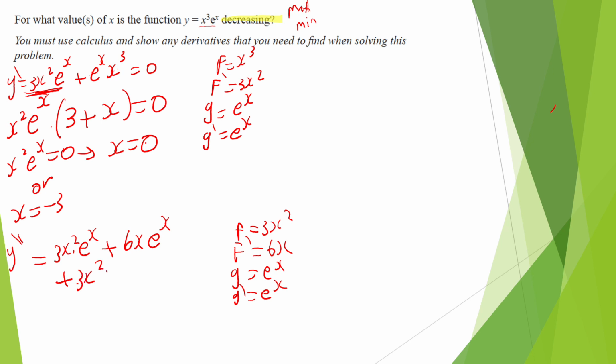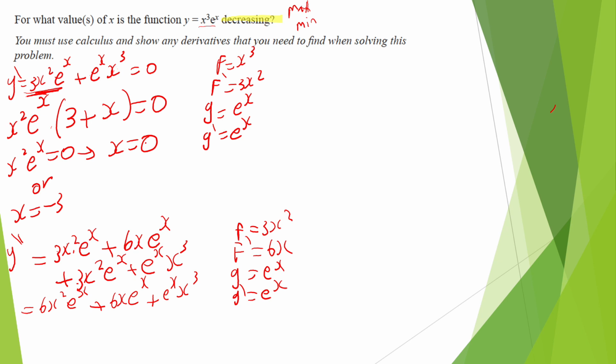We already have it from the first step. Now you can simplify if you want. This one here will give me 6x squared e to the power of x plus 6x e to the power of x plus x to the power of 3.